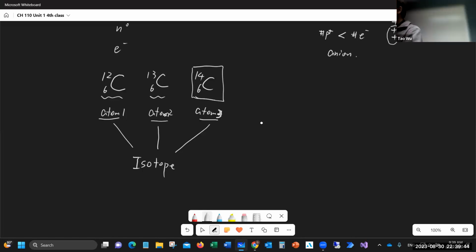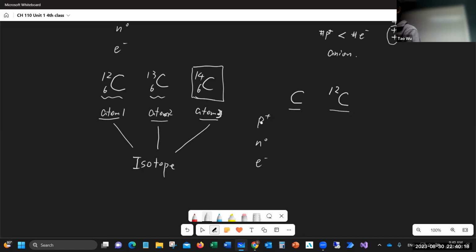And I also talked about, please recognize the difference here. If we just write C or C12, what is the difference between those two? Very, very important. Let's see, proton, neutron, and electrons.